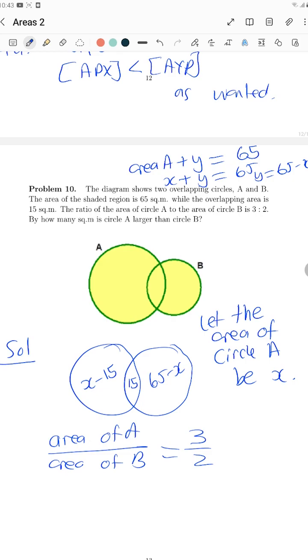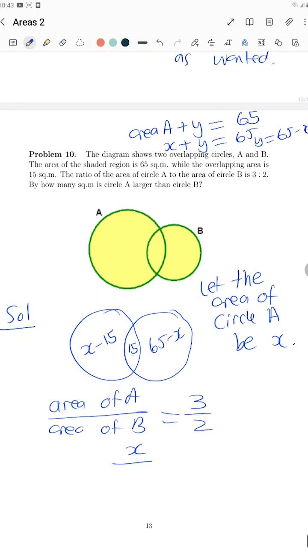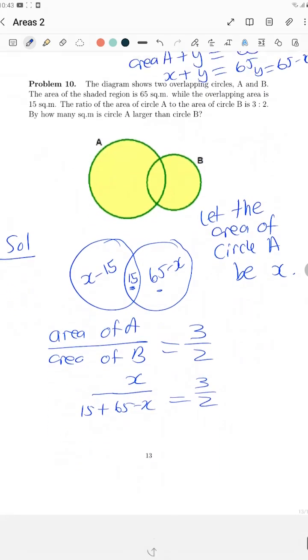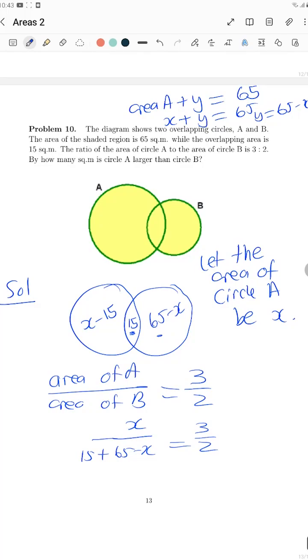So the area of A, we decided to call it X, and the area of B is going to be the overlapping part plus a non-overlapping part. So that's 15 plus 65 minus X. That's going to be 3 over 2. And so what we have now is that X over 80 minus X is going to be 3 over 2.